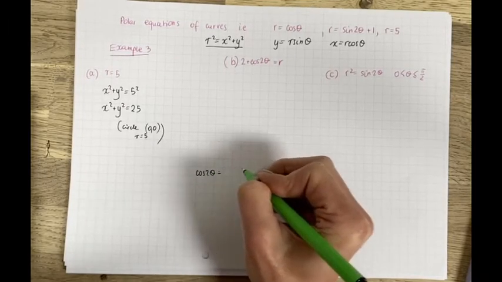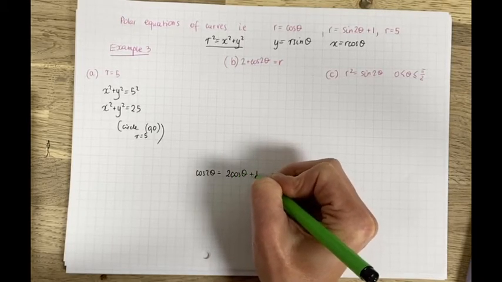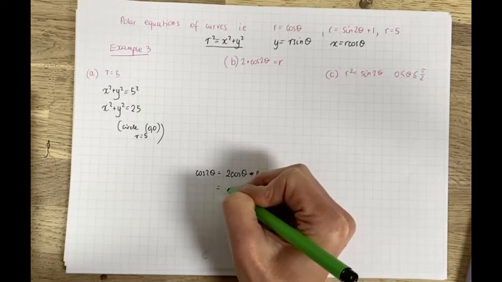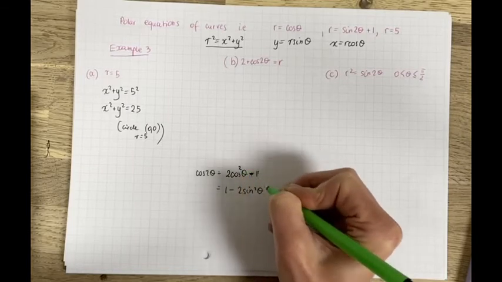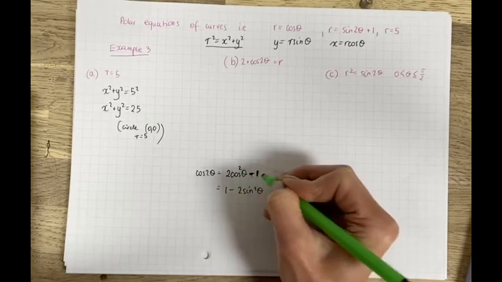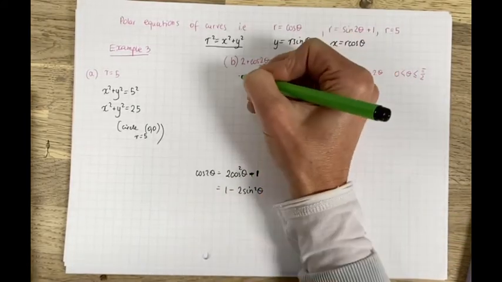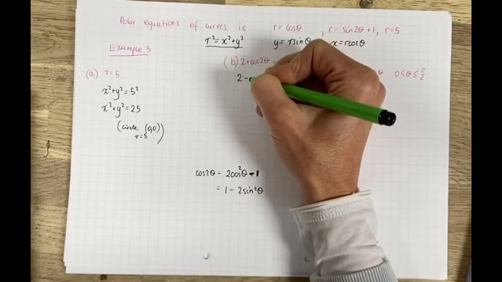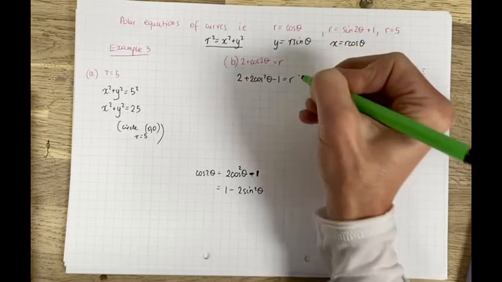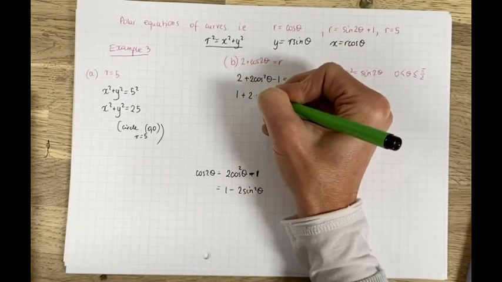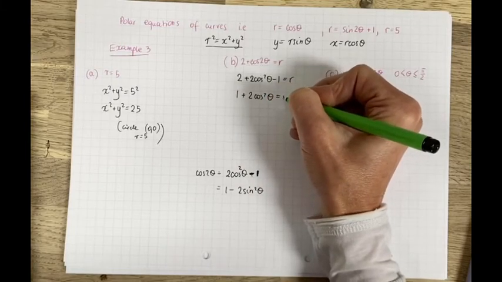So you can either use cos 2 theta is equal to 2 cos squared theta minus 1, or you could use 1 minus 2 sine squared theta. Forgot the squared. There you go. Okay, so either of these two will suffice. So let's say we go for the first one, to replace the cos 2 theta with 2 cos squared theta minus 1. So it's 1 plus 2 cos squared theta is equal to r.